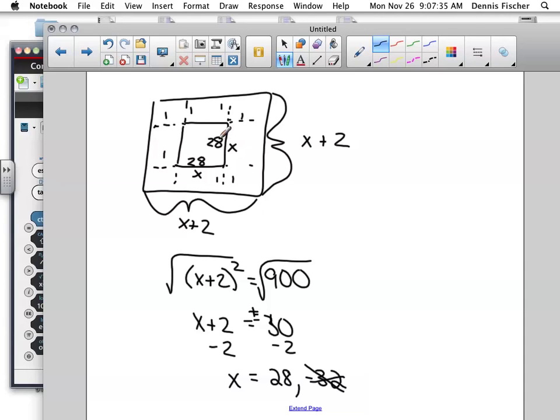It works for a square, but a lot of times you want to set up an equation. That's why, when we get to harder ones, it's hard to set up the equation if you're not used to it.